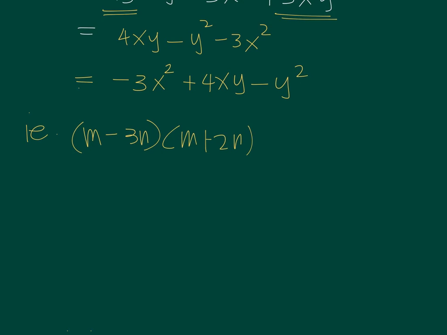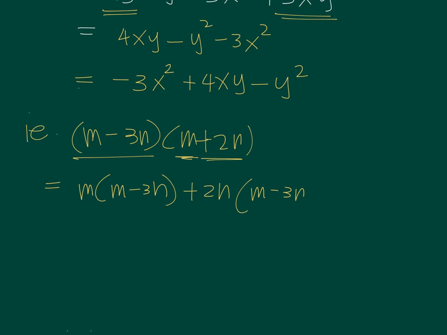As you can see, either way you can use the distributive law or the FOIL method. Since we used the FOIL method in 1D, let's apply the distributive law in 1E. So that's m times m minus 3n and then plus 2n times m minus 3n.